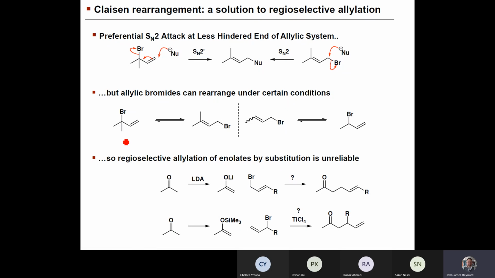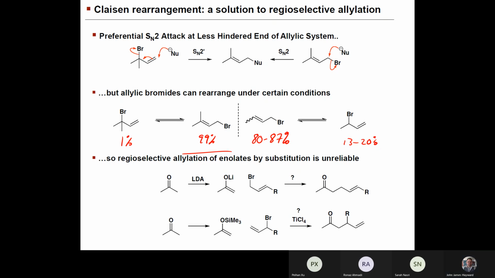As a result, we get about 1% of this and 99% of this in any bottle of prenyl bromide that you buy. It typically only reacts on this end, but a little bit goes backwards and forwards because it goes through SN1 because you have a very stable tertiary cation formed. And like we said before, 80 to 87% of this, 13 to 20% of this.